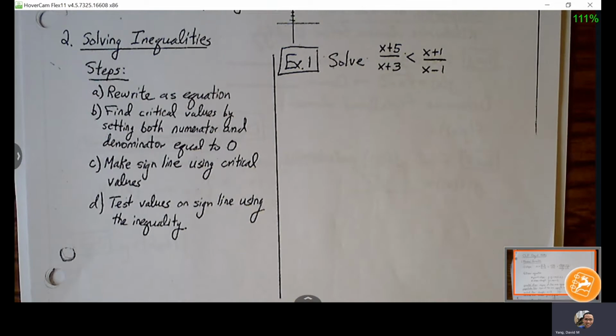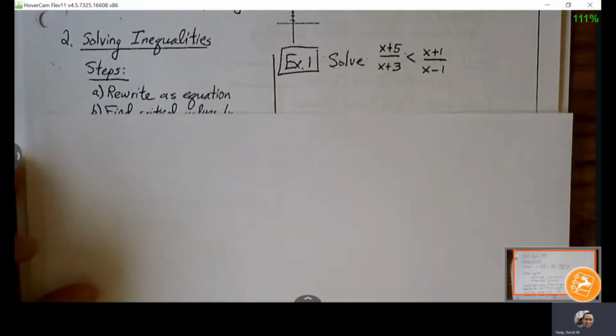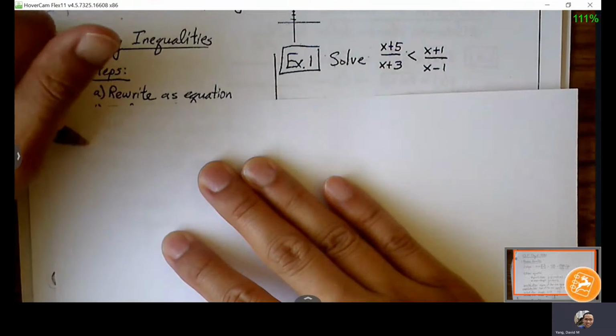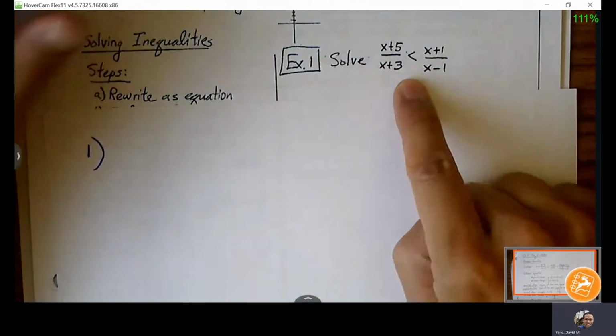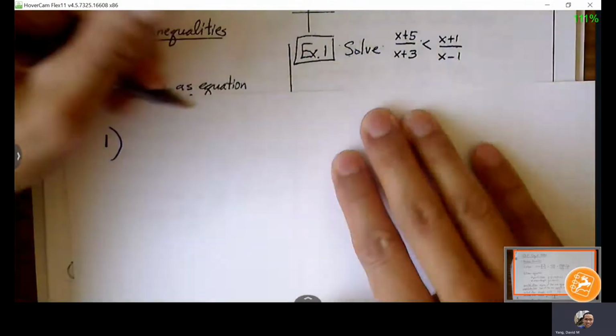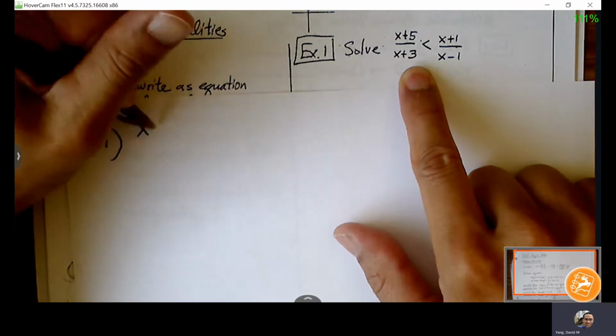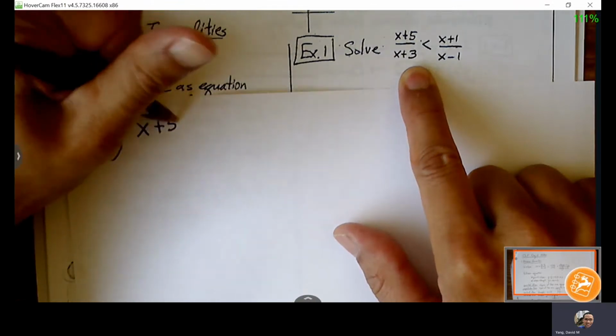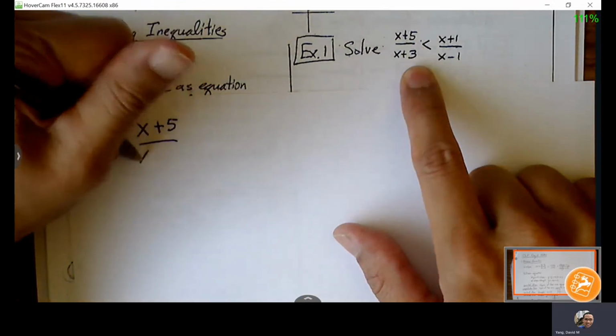Okay, so let me put this on here. I want to give myself more room. First thing I'm going to do is rewrite this as an equation, so I can have something a little more familiar, because we'll deal with the inequality at the end.